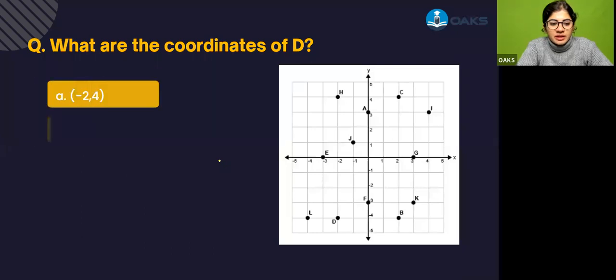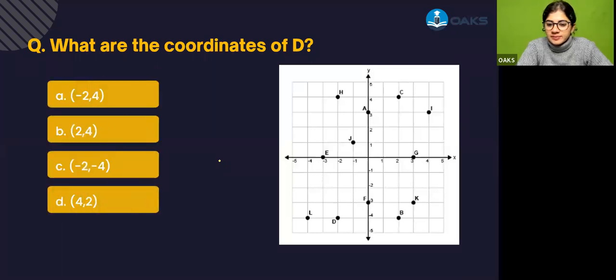So you have to tell me the coordinates of point D. School 1, I cannot hear you. School 2 also 3, 2 in girls section. Kindly come forward. I think school 1 got disconnected. So school 2 will answer.